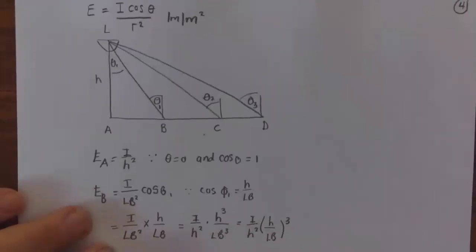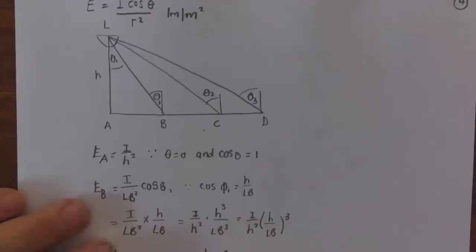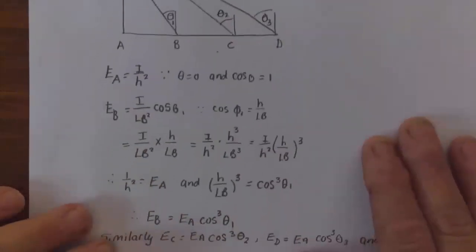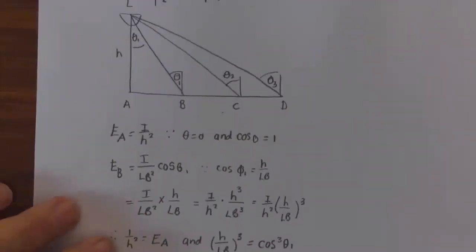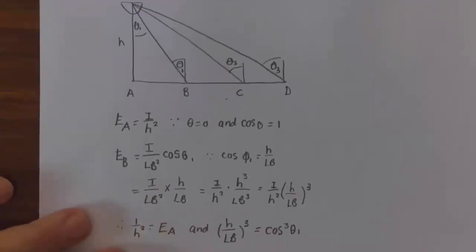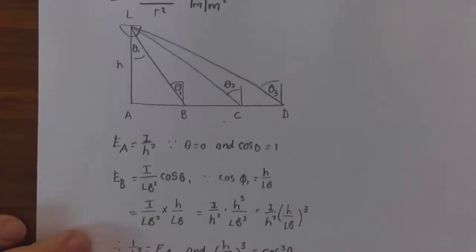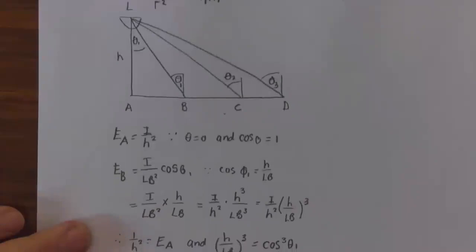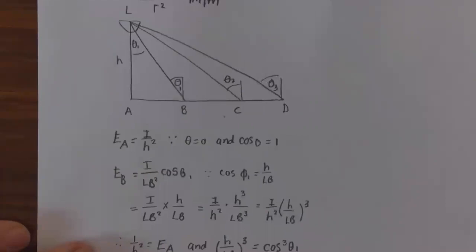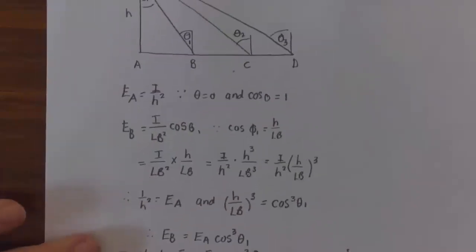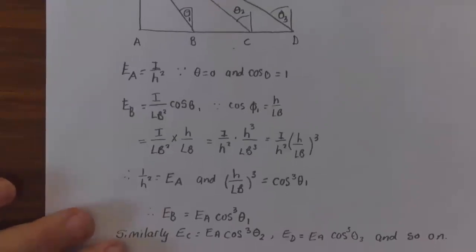Now, if we look at that little drawing of ours, we've got a lamp at a certain height, and light falls on places directly underneath it and a little bit further away. So therefore, EA is I over H squared, because theta is 0, and therefore cos 0 is 1. And then at point B, it is I times the length of LB cos theta, and cos theta is H over LB. That is I over LB squared times H over LB.